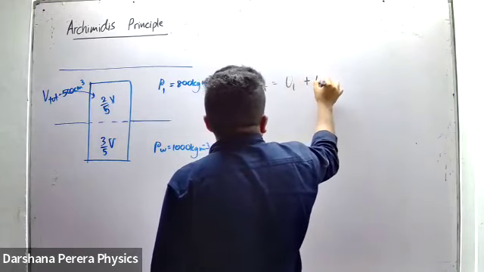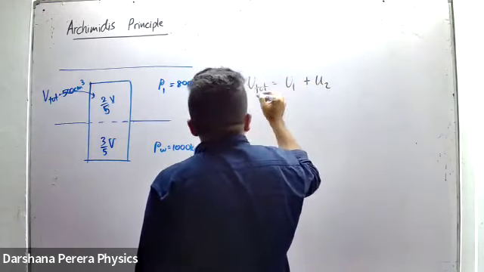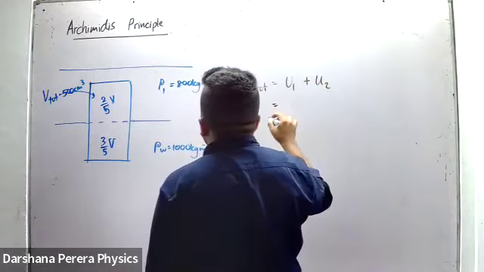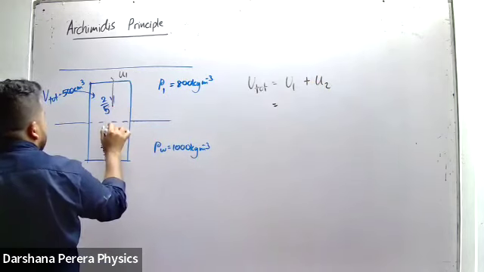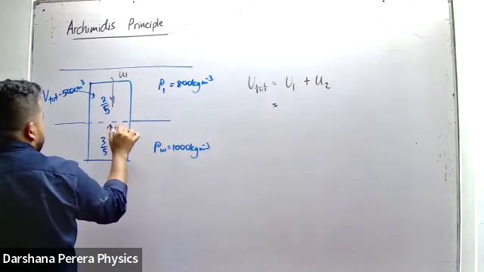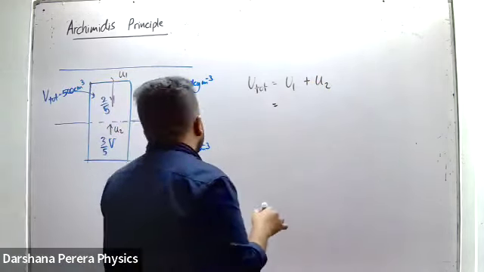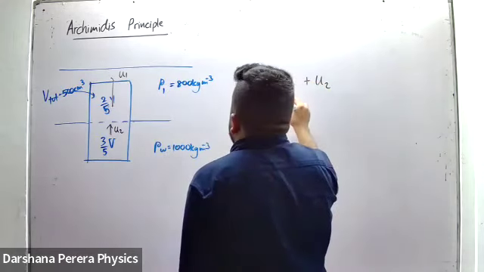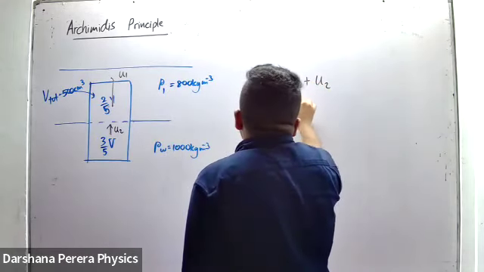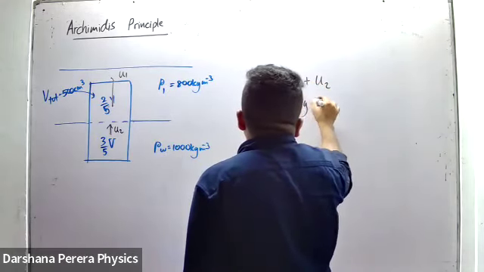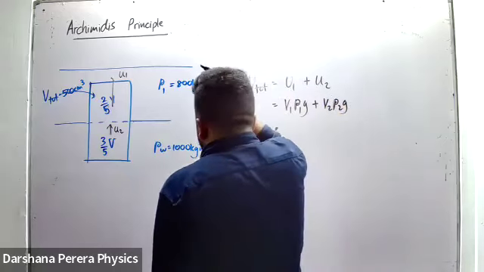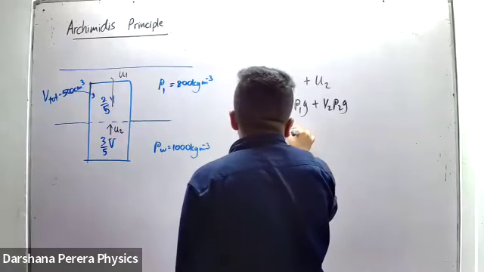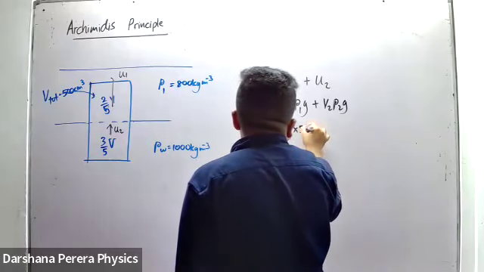U1 plus U2. U1 means V rho G. This I take as U1, this I take as U2. So U1 means V1 rho 1 G, V2 rho 2 G. So V1 means 2/5 into 500.